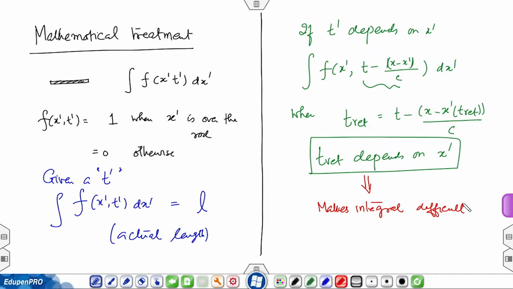So, we are going to do some mathematical trick, particularly because I know that the integral of f(x', t') for a given t' is equal to L. So, I somehow want to bring this f(x', t') into my mathematical tricks.